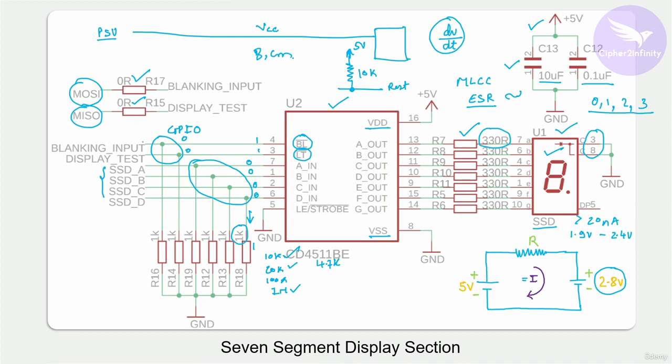Even if you connect these pins directly to the microcontroller's pins, it's completely fine without using this 0 ohm resistor. So these are unnecessary extra components in the design. I hope that every single thing that we discussed regarding this 7-segment display section is now clear to you. Now let's quickly see the interfacing between the 7-segment display section and the microcontroller.